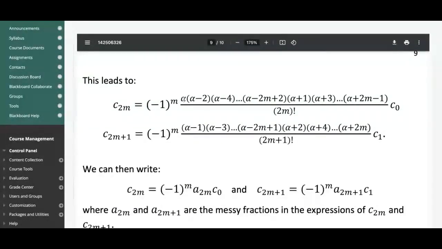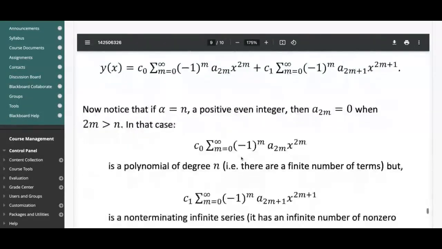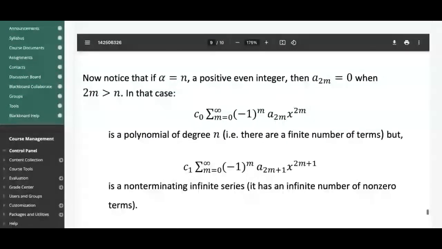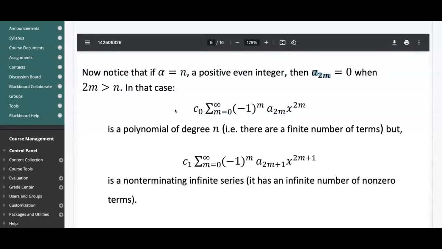Alpha is a positive even integer. It has to be even, because a_2m is all about the even terms. Then we have this.